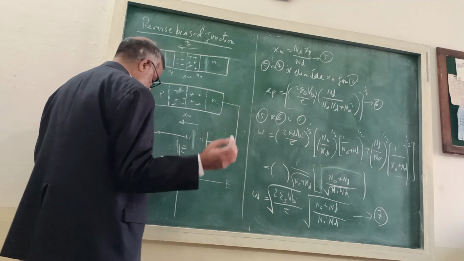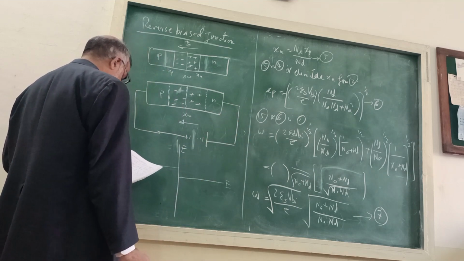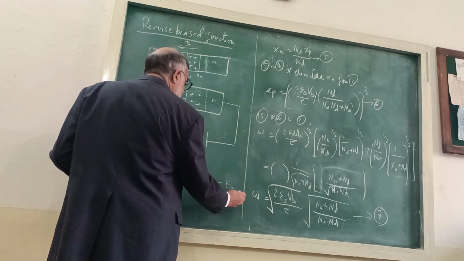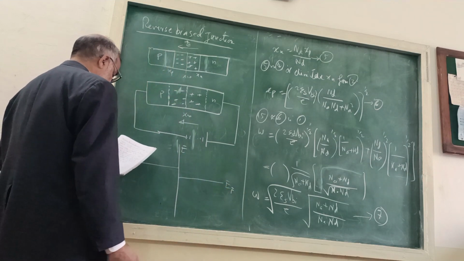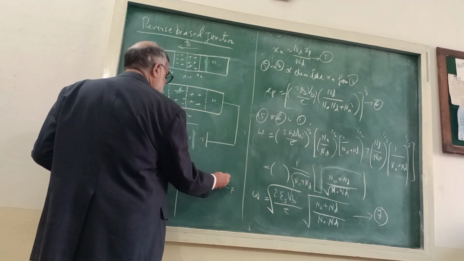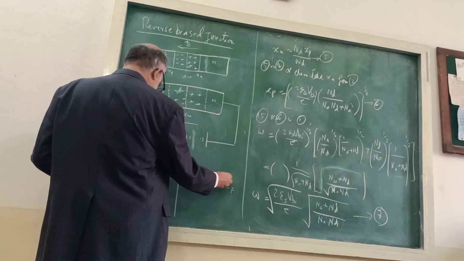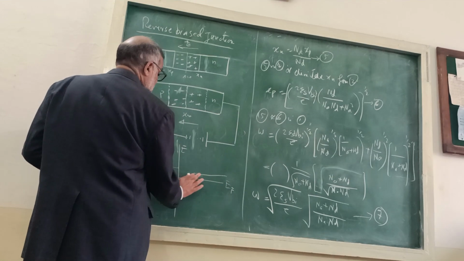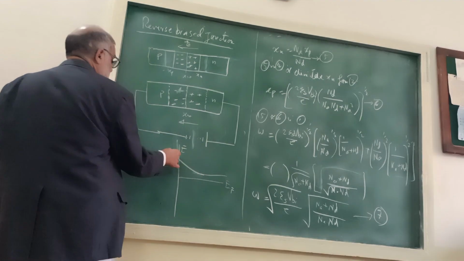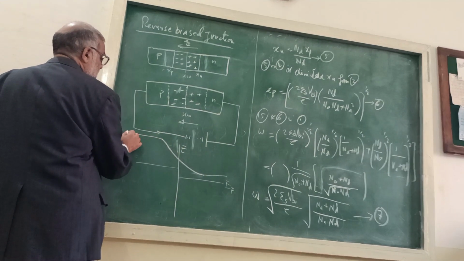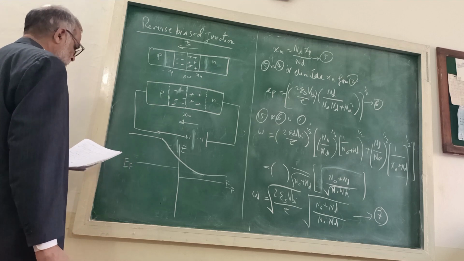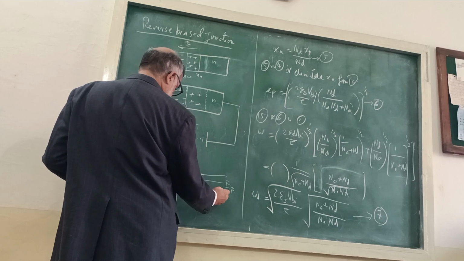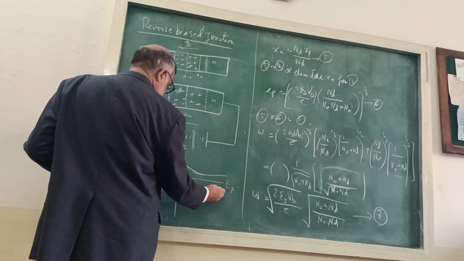On the N side, the E_F is closer to the conduction band. This is the band bending, and the valence band here will be the intrinsic Fermi level.